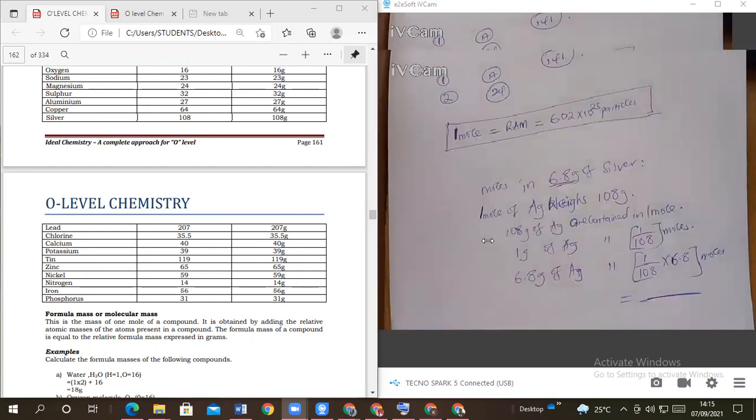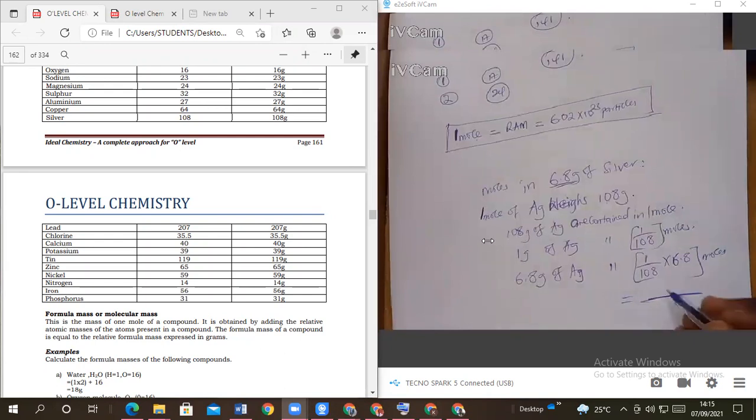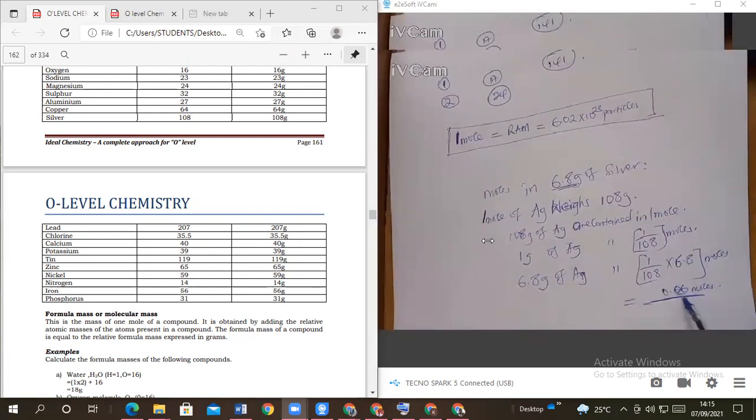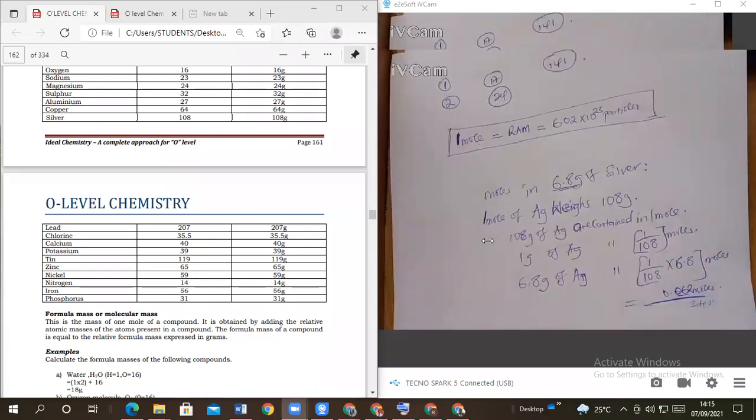Yes? 0.06. 0.06 moles. Now, when you're always writing this, you give the answer to 3 decimal places to be sure. What is the third decimal place? 2. That is what we want. 0.062 moles. That is converting from grams to moles.